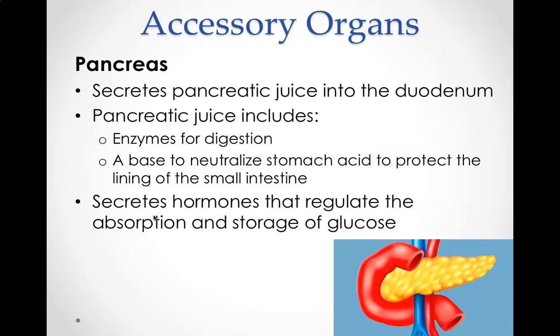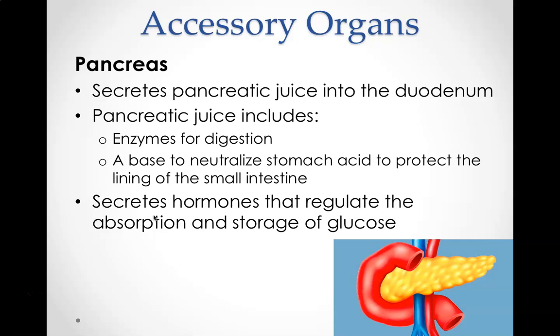Then we have the pancreas, and that's going to be secreting pancreatic juices in the duodenum, and those juices include different enzymes for digestion and a base to help neutralize the stomach acid, because as the pyloric sphincter opens to let through the food from the stomach to the small intestine, some of that acid is going to go with it, and it can be really dangerous for our small intestine.